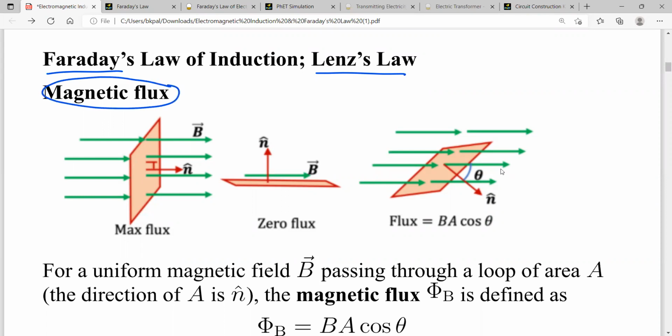Magnetic flux is very similar to the electric flux. If you remember, the electric flux was Phi E equal to electric field times the area times cosine theta. Magnetic flux is exactly the same thing; you just replace the electric field by the magnetic field.